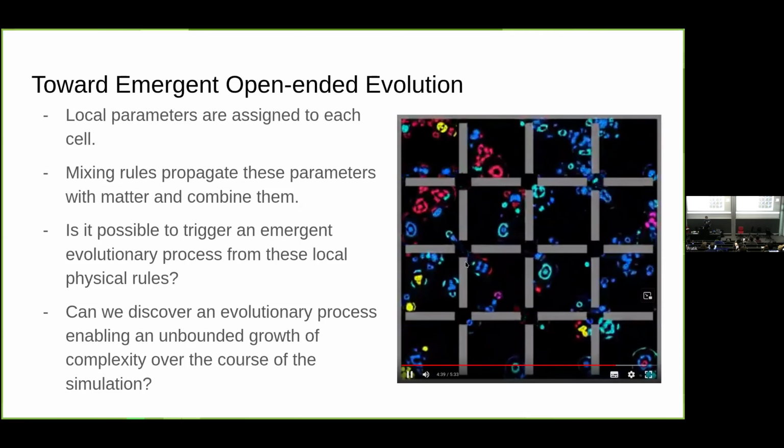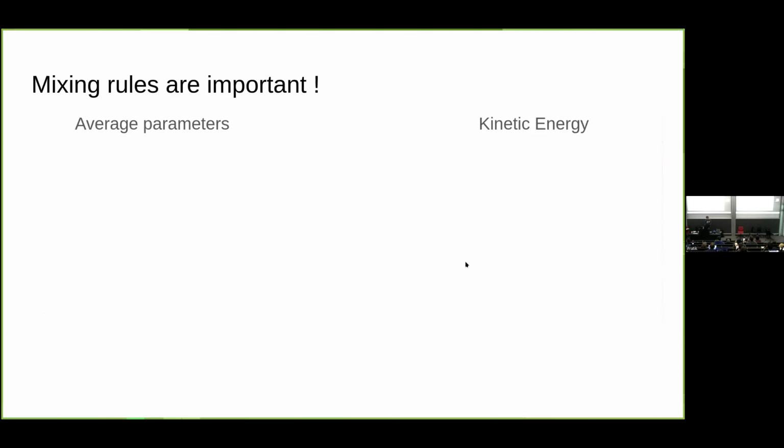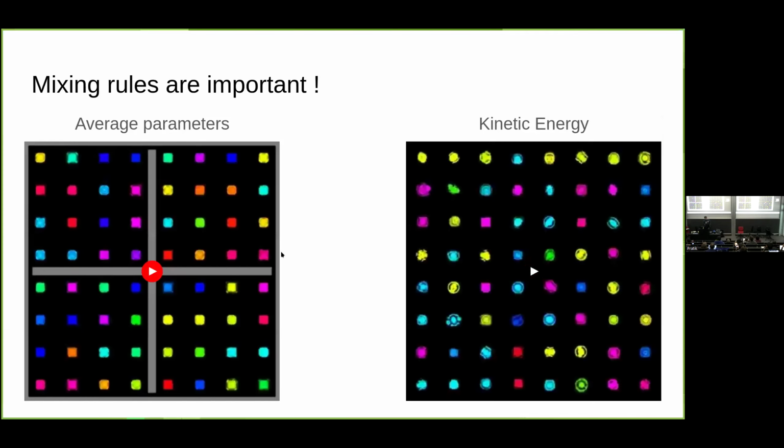In other simulations, we can see also larger patterns. The way the parameters and the rules of the world propagate is actually very important. There is no real fitness function in this evolutionary process. It's an intrinsic fitness function that will actually be linked to how we propagate the parameters inside the simulation.